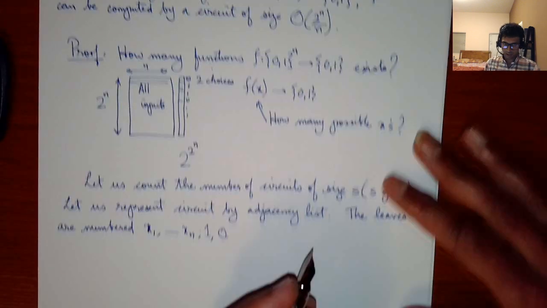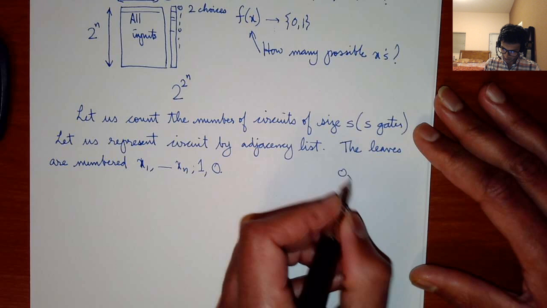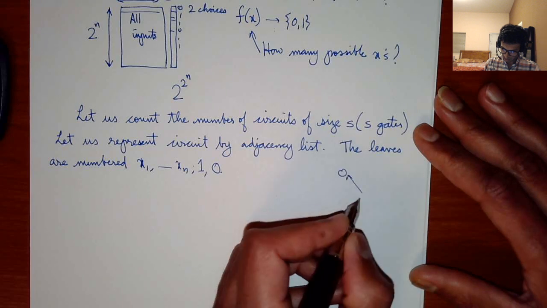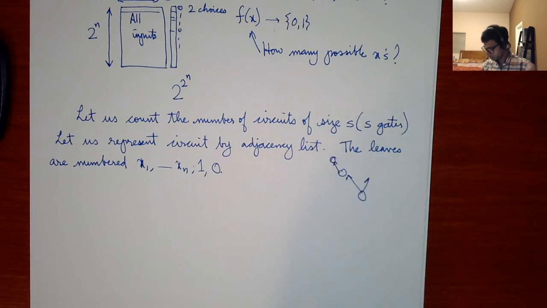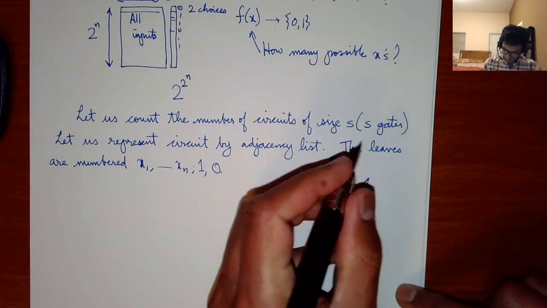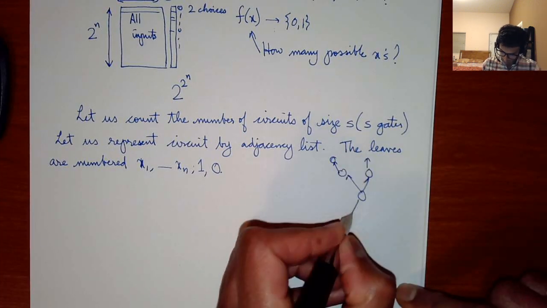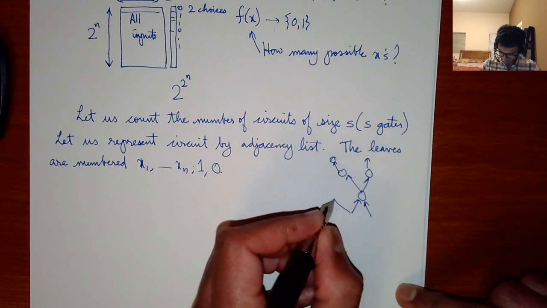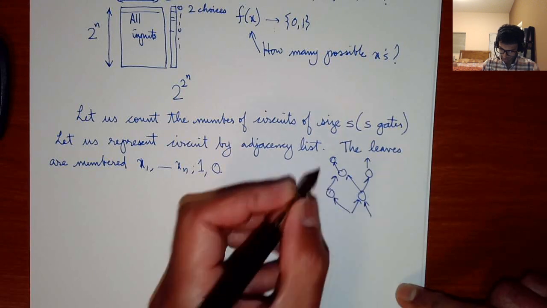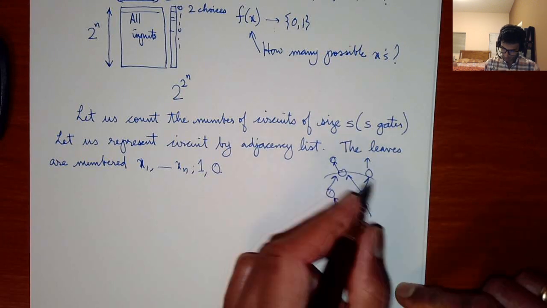So what does our circuit look like? It's some DAG that we have here.